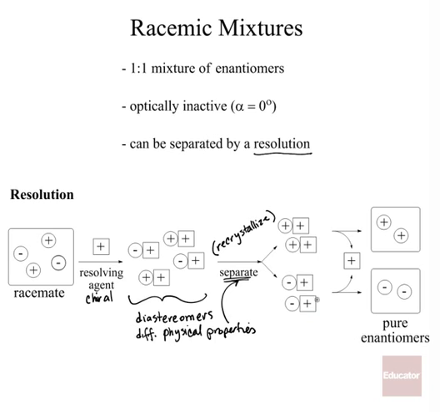And then all we have to do is remove and hopefully recover, so we can reuse it, our chiral resolving agent, thus freeing up our enantiomers, and now we have these in two separate containers. So we have a container of just our plus enantiomer and a container of our minus enantiomer, and we've effectively separated the two enantiomers. This process is called a resolution of a racemic mixture.